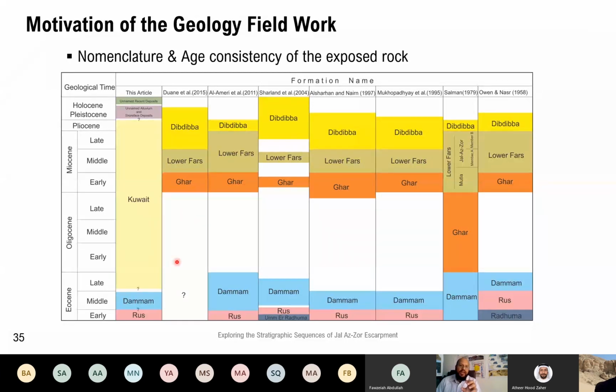I think it's time to step up and start making changes in the geological nomenclature. Iraq has done it. They have removed the Lower Fares from their nomenclature, and I think Kuwait as well. It's time for it to step up and revamp its Neogene, Paleogene stratigraphy.